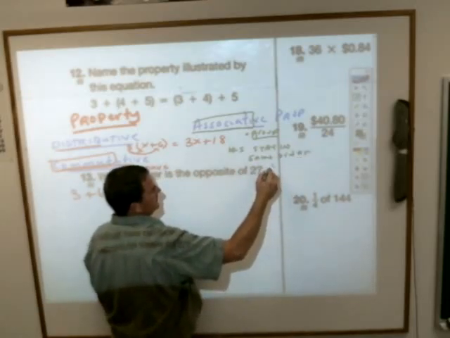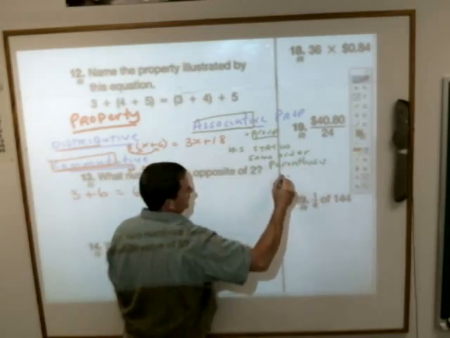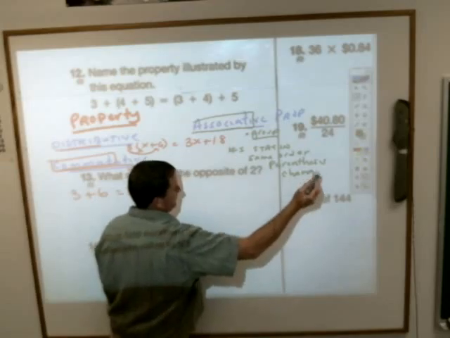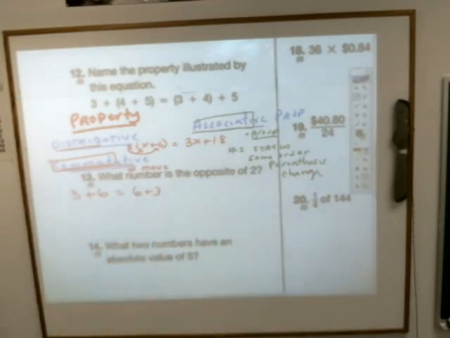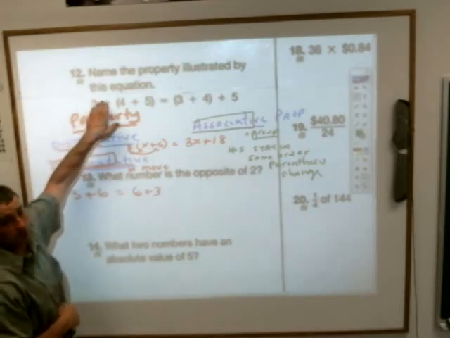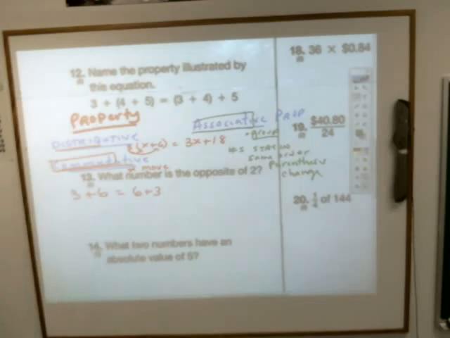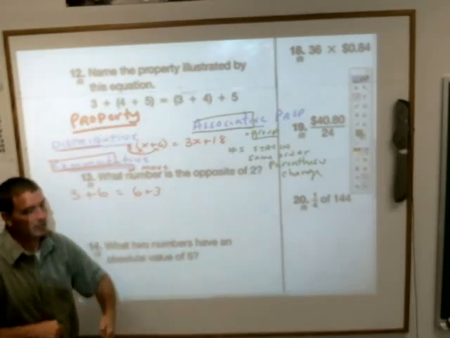It's just the parentheses that move. The parentheses change. So in this case here, this is the associative property because the digits are all 3, 4, 5, 3, 4, 5. The only thing that changed is which two you associate first together. Shabam.